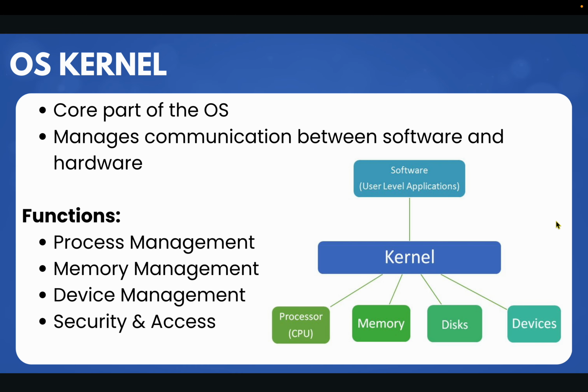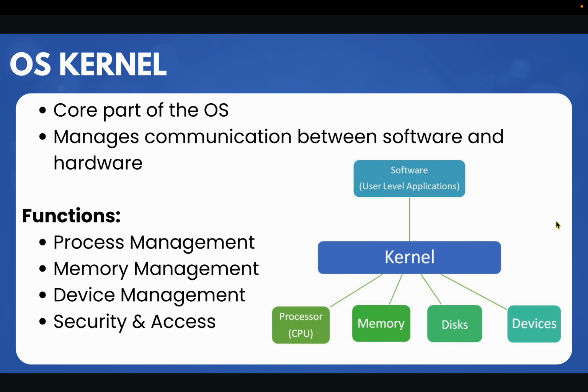So the OS kernel, and for keyword purposes, kernel is going to be the keyword. So make sure you capture that kernel. And your kernel is actually a core part of the operating system. So if you take a look at that diagram, you see the kernel is like in between your software and also in between your hardware. So it's basically connecting the two.